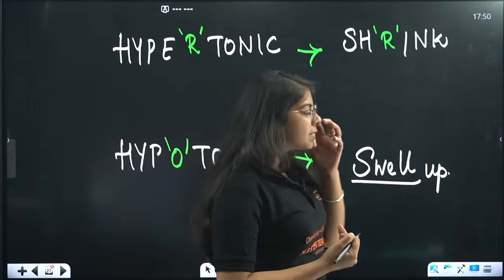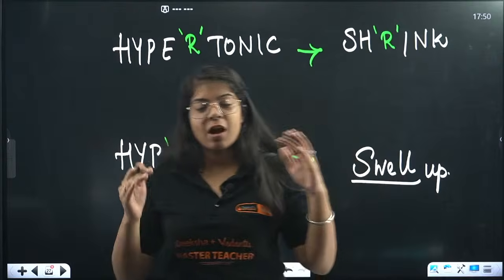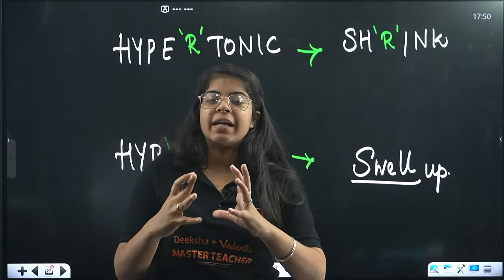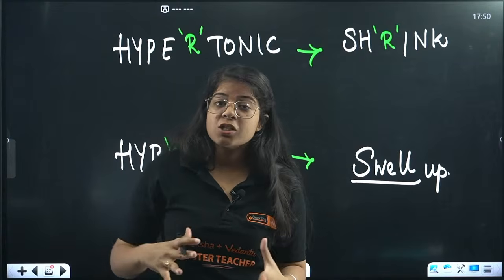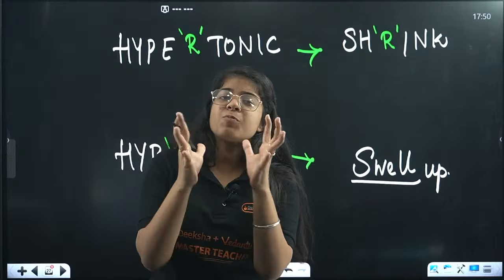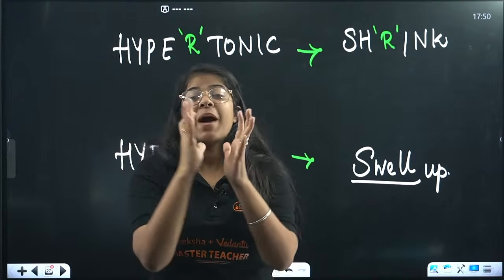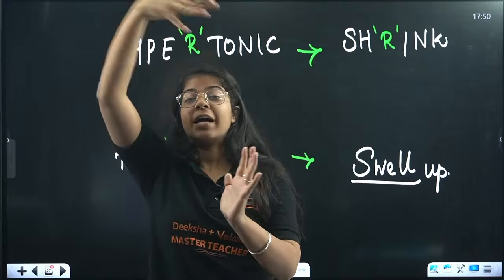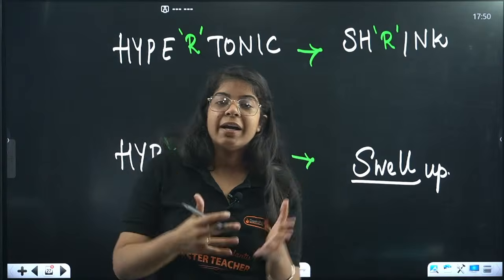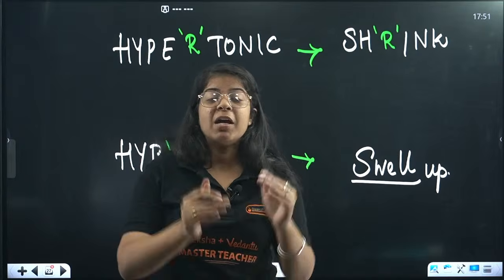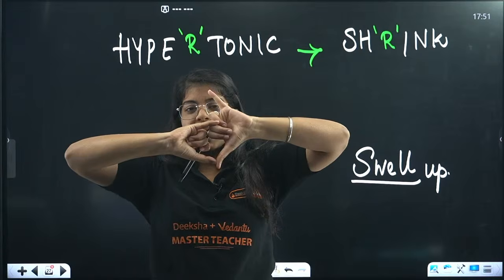See, it's the basic physics of it. Whenever you have a balloon, there's so much air in it, but if you leave the balloon, all the air comes out. Why? Because inside there is so much air and so much pressure. So air wants to move from high pressure to low pressure, from high concentration of air to low concentration of air, right? Similarly, with water, if you have a full glass of water and a small glass of water and you connect them, what happens?